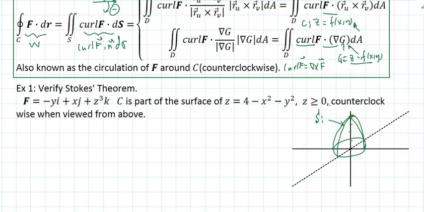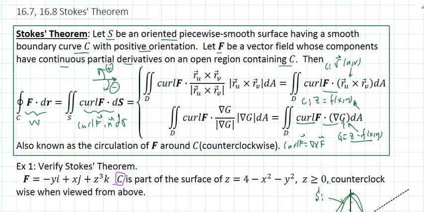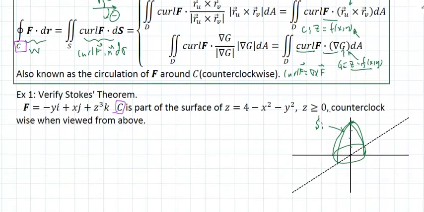What matters is the boundary curve C. This is based on the boundary, and this area is based on that boundary right there. So this is counterclockwise viewed from above. That means it is positive orientation.